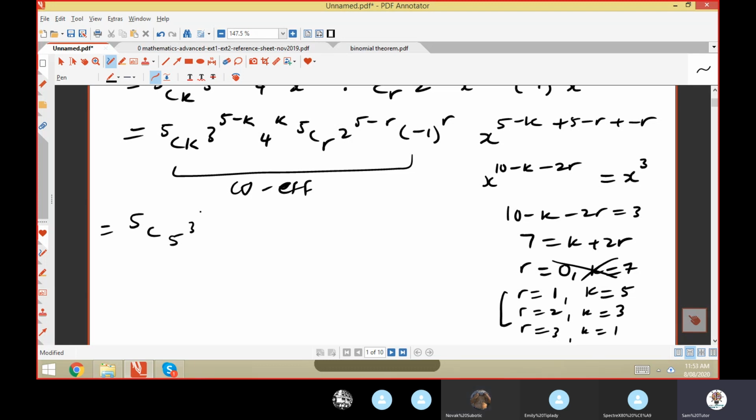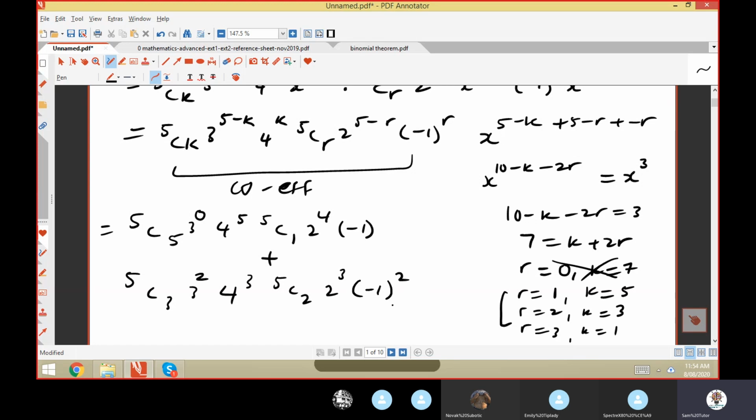5C5, 3 to the power of 5 take away 5, 4 to the power of 5, 5C1, 2 to the power of 5 take away 1 is 4, and then negative 1 to the power of 1 is negative 1 still. Plus, then you do it again. 5C3, 3 to the power of 5 take away 3. I think we all get how to substitute. 5C2, 2 to the power of 3, negative 1 to the power of 2.